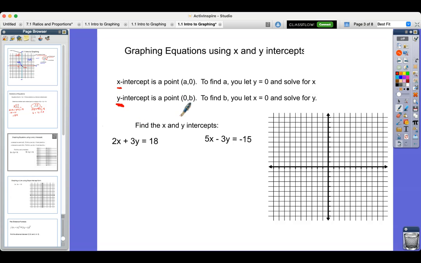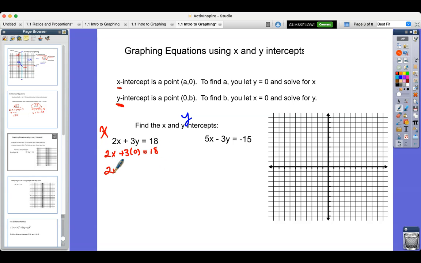So let's go ahead and find the x and y intercepts for both of these, and we're going to graph them both. Start with the x-intercept. We'll make x red and y blue, just to keep those in order. First things first, to find the x-intercept, we make the value of y 0. So 2x plus 3 times 0 equals 18.